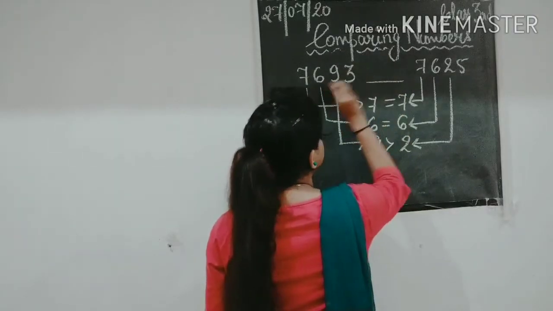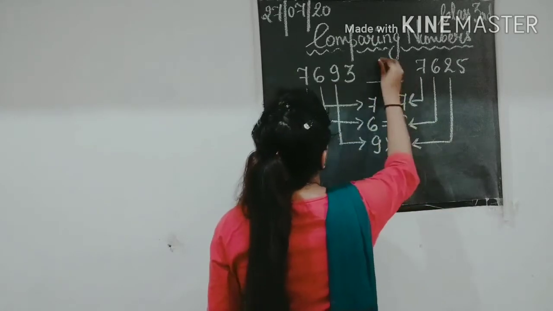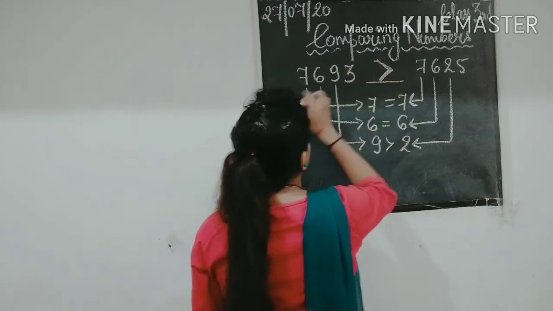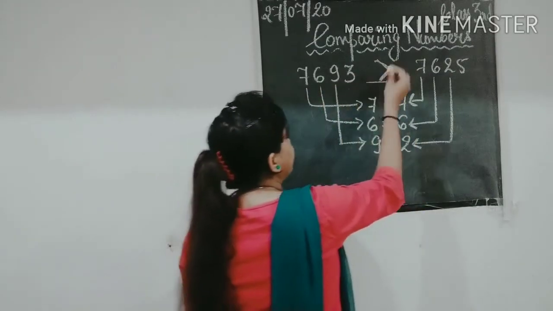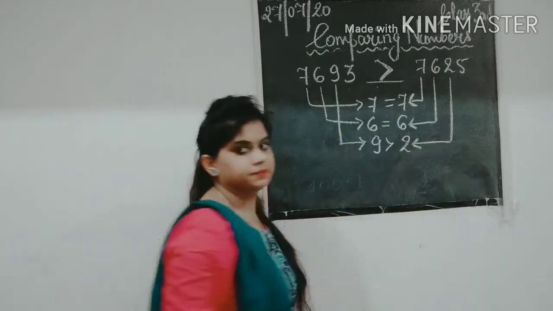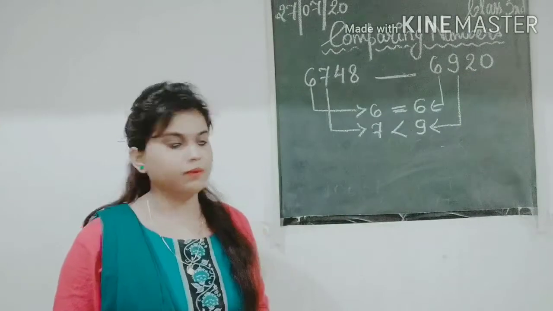That means this number is greater than this number, because 9 is greater than 2. So we will put the greater than sign here: 7693 is greater than 7625. Understood?